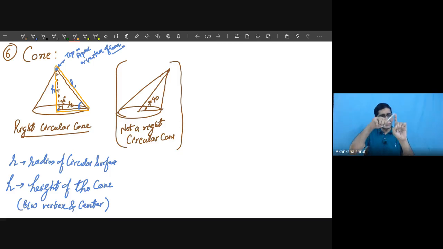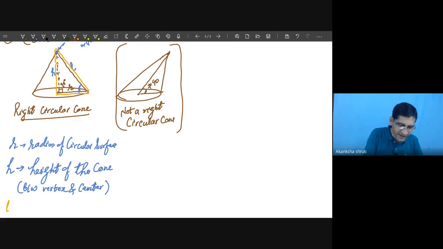When this is rotated, this will remain fixed and the other tip will move on the circular path, so a cone is formed. So this length L is the length over the curved part. Here this length is different from h, and that can be obtained by applying the Pythagoras theorem.